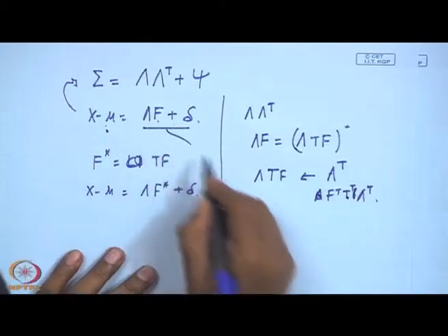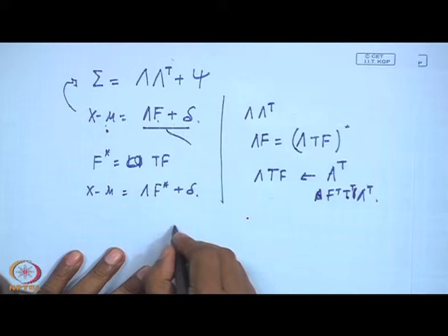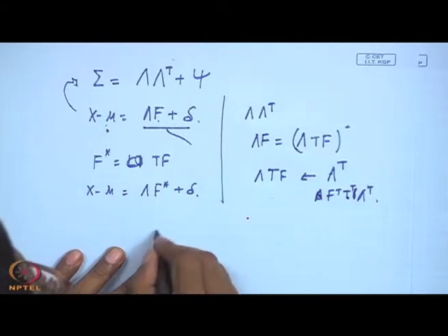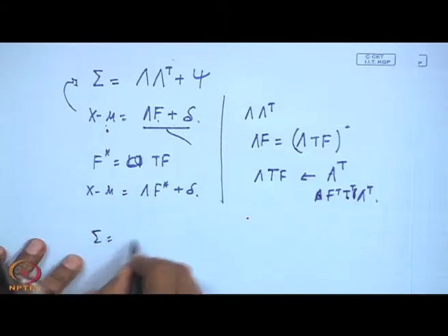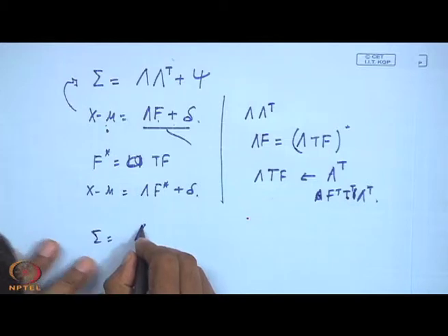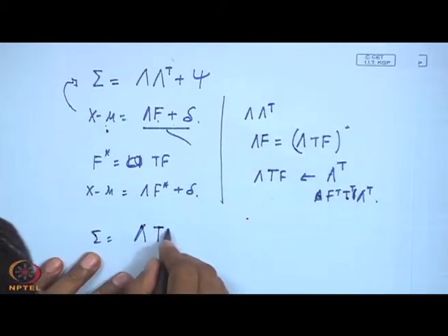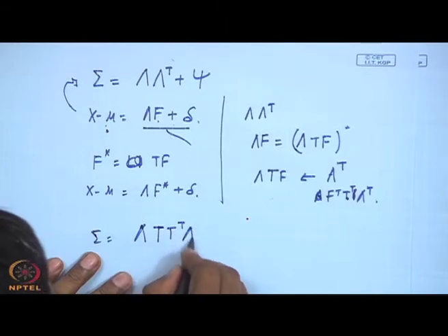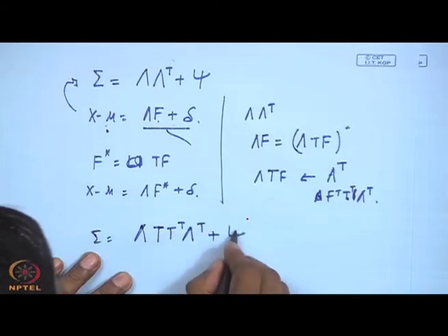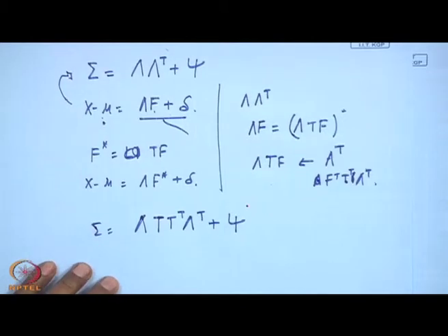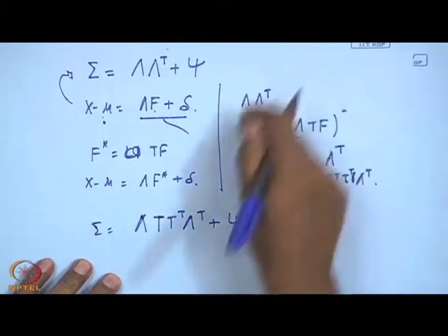The resultant matrix, sigma, will be lambda T T transpose lambda transpose plus psi. The resultant thing will come like this once you manipulate in this manner.